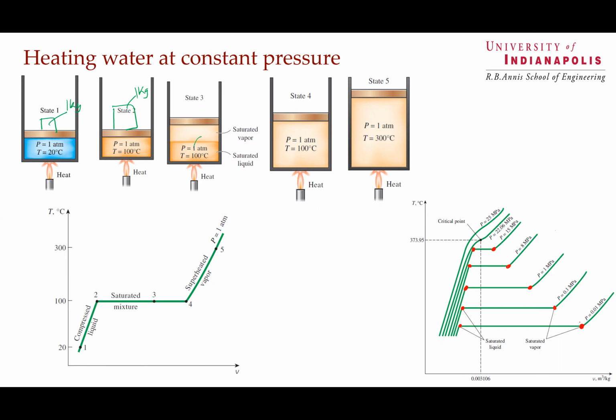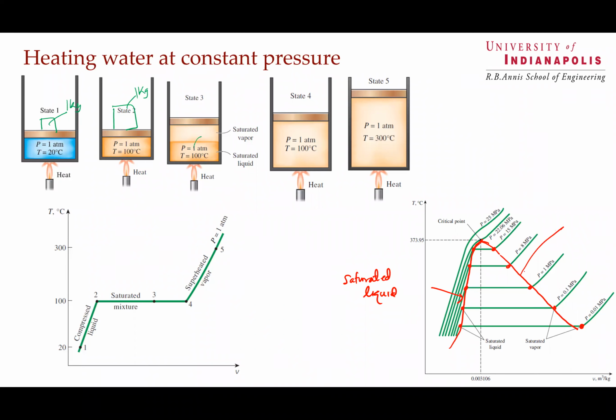If I do the test for infinitely many pressure values, I can connect these dots and draw a continuous line. This line is called the saturated liquid line. At the critical point, it turns back again and goes through the saturated vapor line.